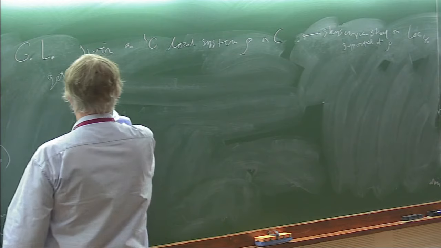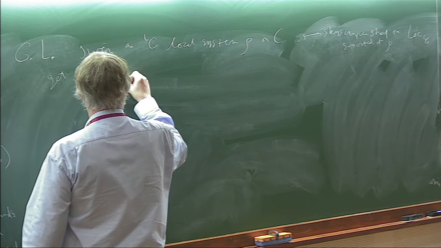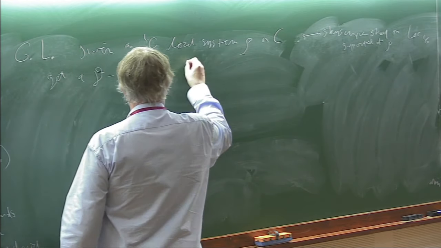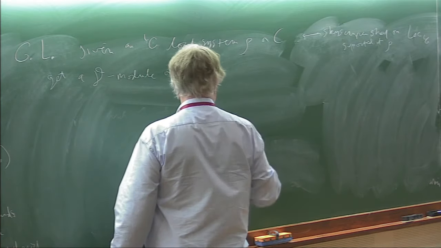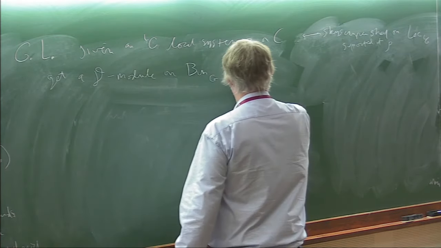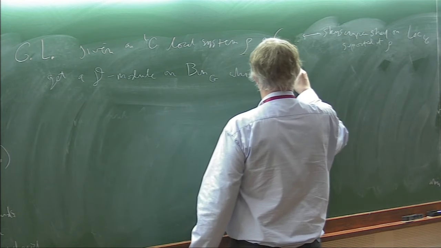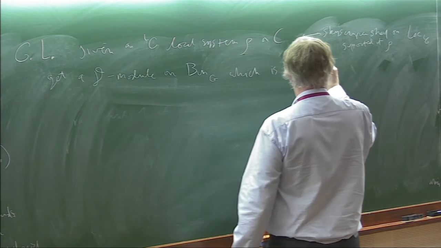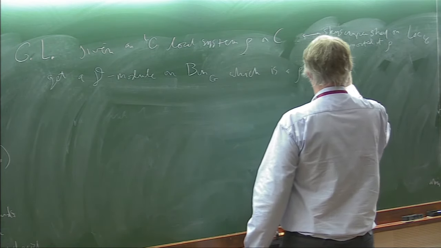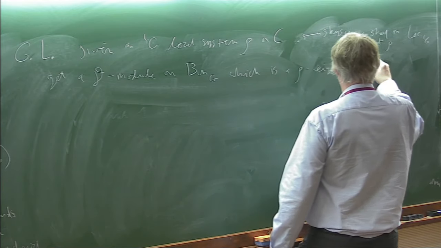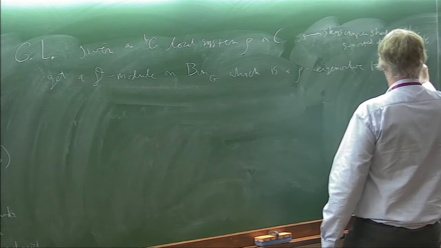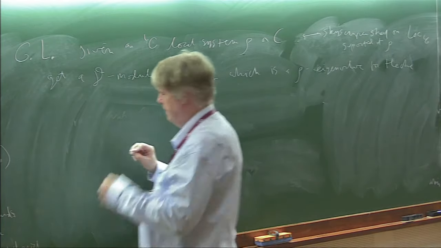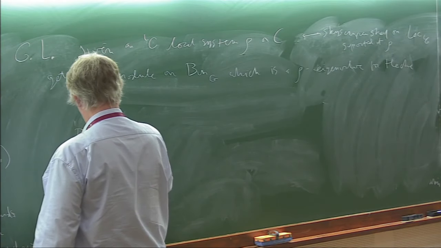We should get a D module on Bun_G, which is a rho Hecke eigensheaf for some Hecke operators.